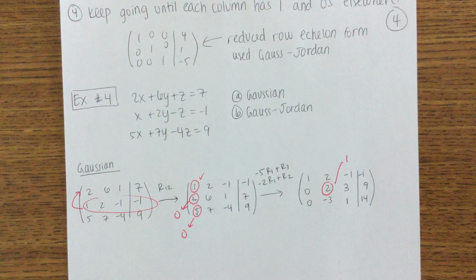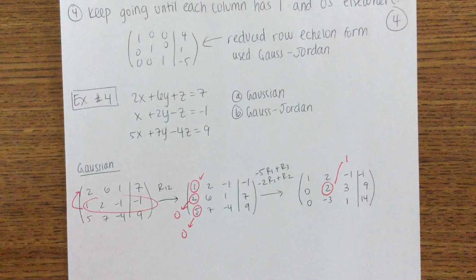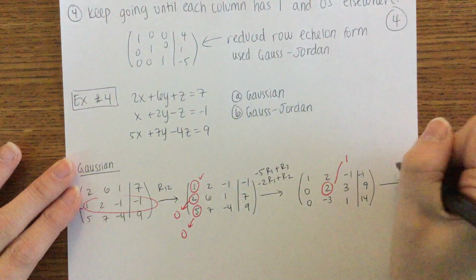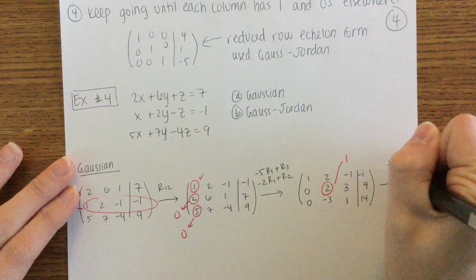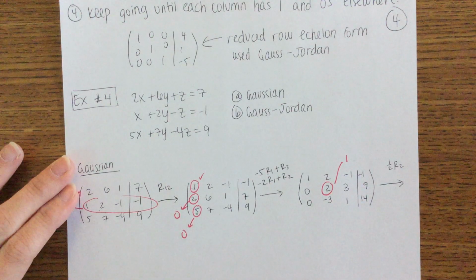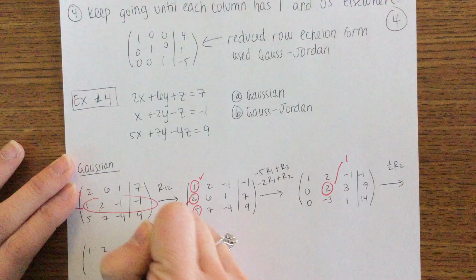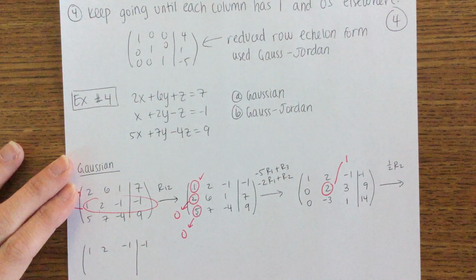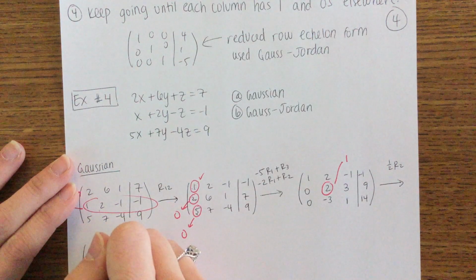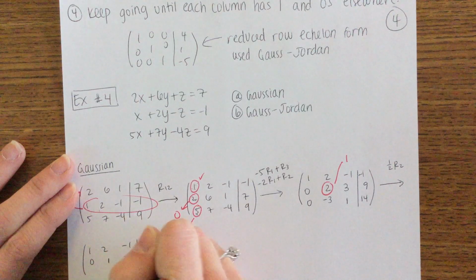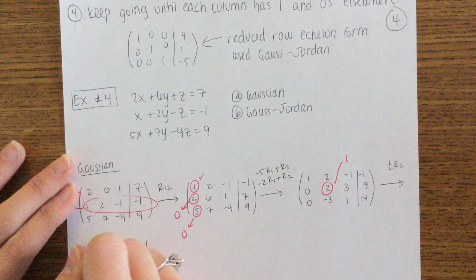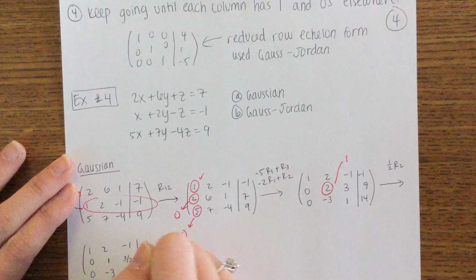So I'm going to divide that entire row by 2. So the next thing that I'm going to do is take row 2 and multiply it by 1/2. So again, row 1 is exactly the way we want it to be. I'm taking half of row 2, so this will give me 0, 1, 3 over 2, 9 over 2. And row 3, I'm going to keep the way it is.